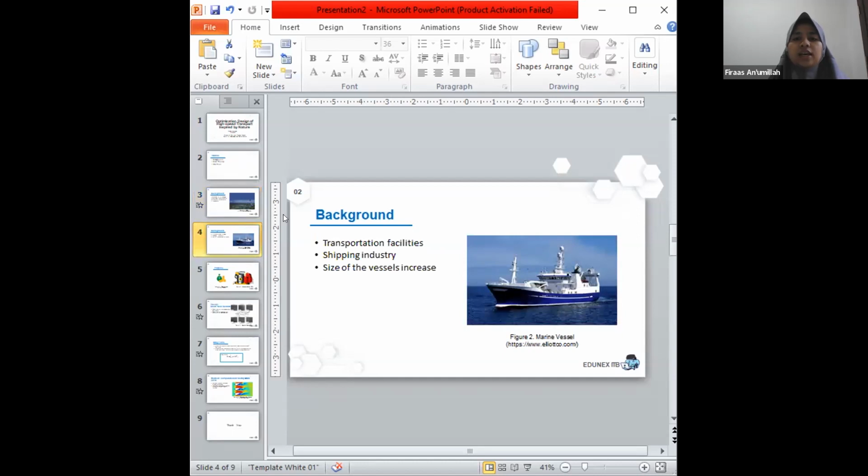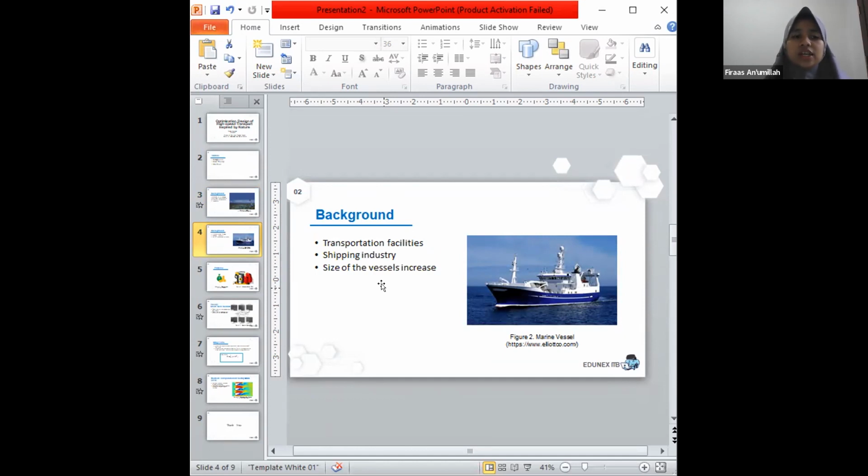Then we know that the shipping industry has been a thriving industry since the start of the Industrial Revolution, and now it is categorized as one of the large-scale economies. And then cleaner ship is facing an unexpected development in the size of the vessel, as it has increased endlessly year after year.